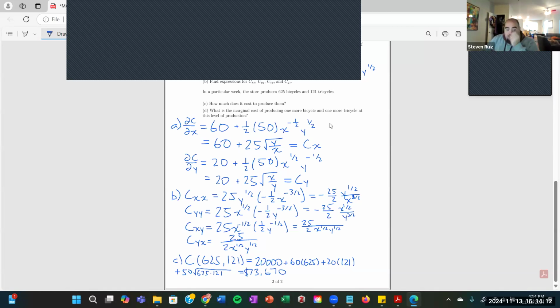So that's how much it costs to produce. That's the total cost to produce all these bicycles and tricycles. So I'm going to go ahead and erase that because I don't think I need the answer to C to get part D. So I'm going to save myself some space.